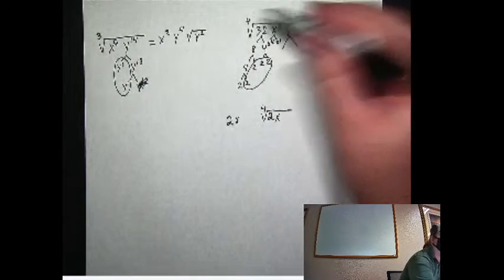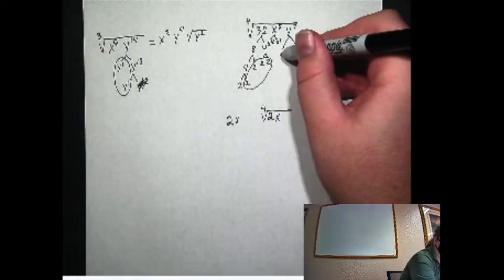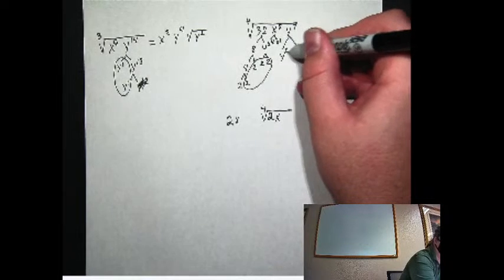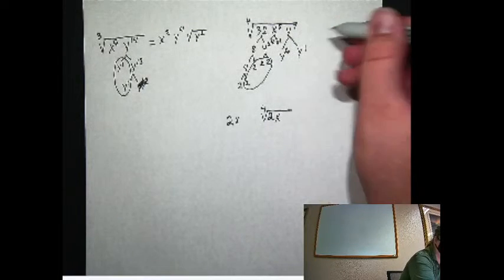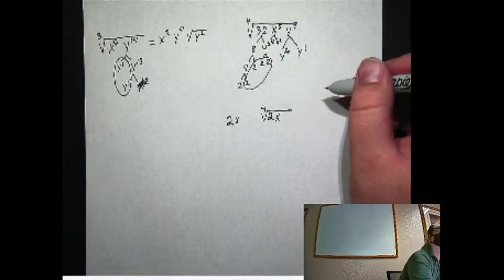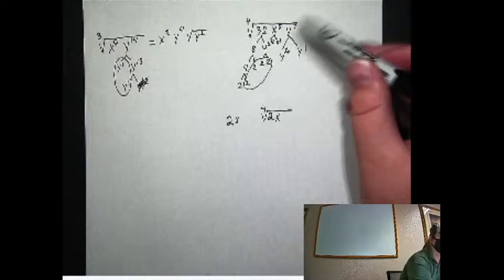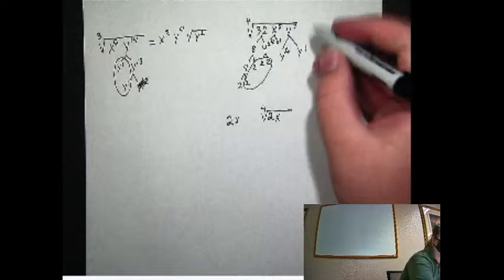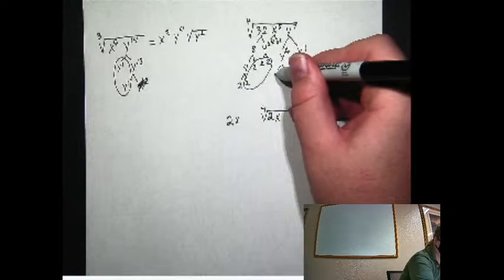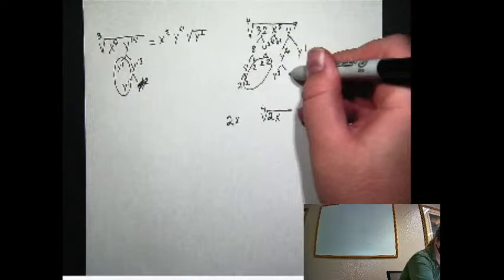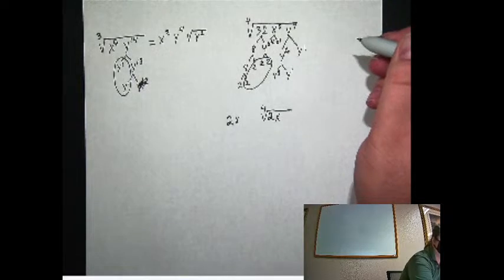Now we just have to worry about this y. So 7 doesn't divide by 4. So we split this up. Y to the 6th and y to the 1st. Still doesn't divide very easily. 6 and 4. So we're going to have to split this up again. Y to the 5th and y to the 1st.